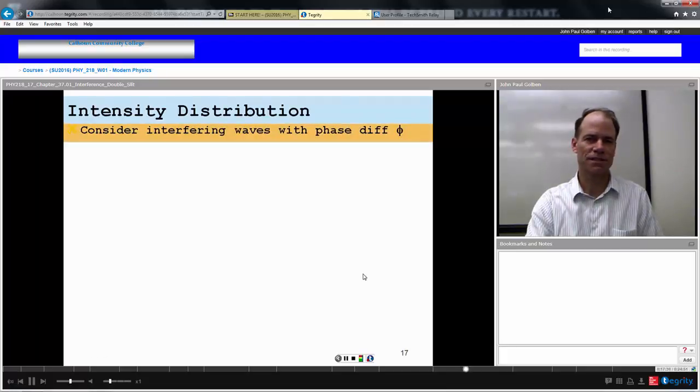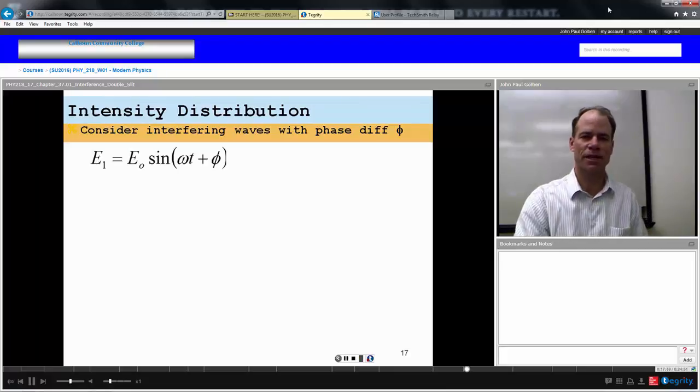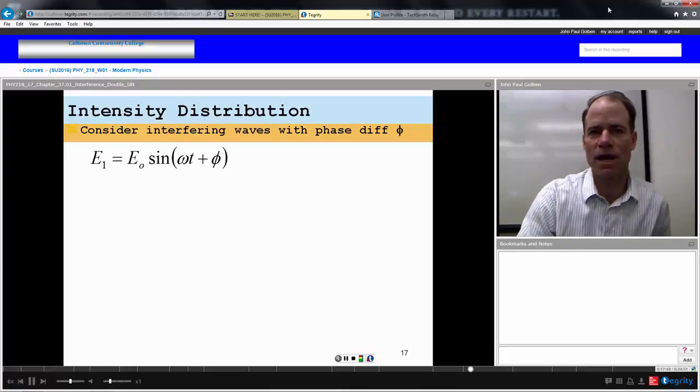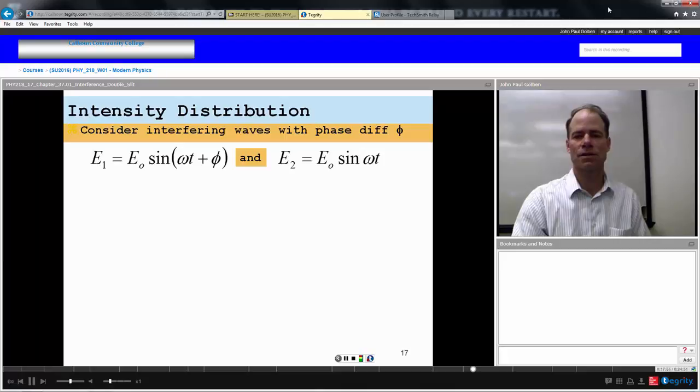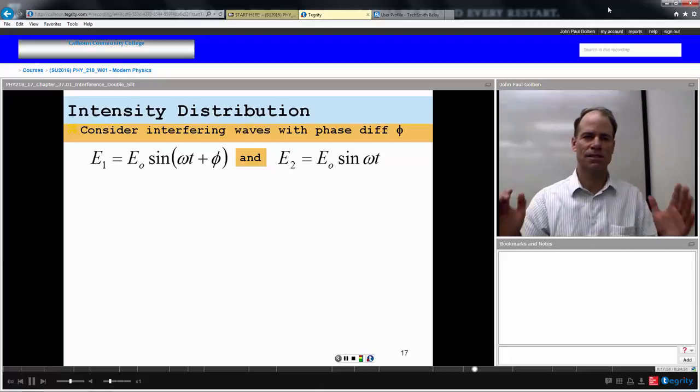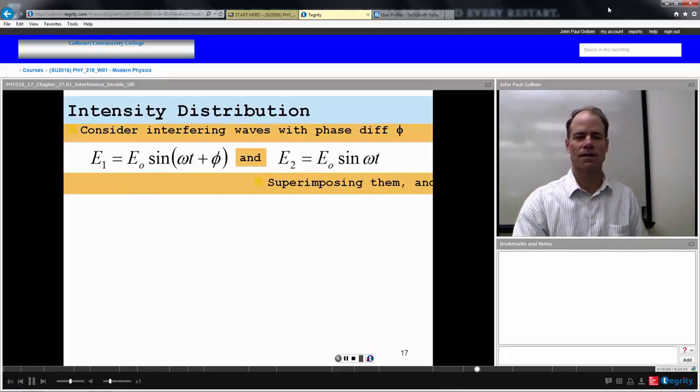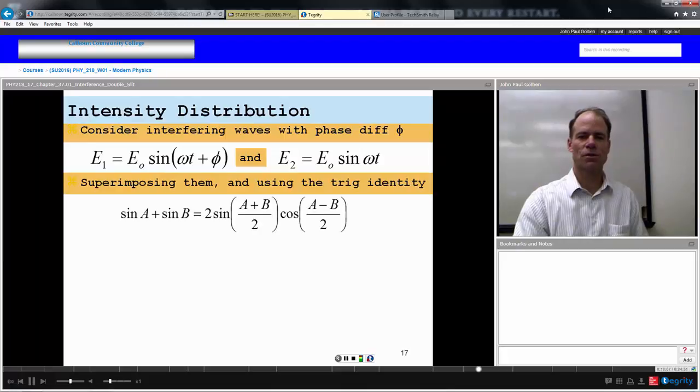We want to plug this into an intensity distribution and see what we get. Considering we have two interfering waves with a phase difference phi. The interfering wave E1 is equal to E naught sine omega t plus phi, and E2 is equal to E naught sine omega t. So exactly the same waves, only with a phase difference equal to phi. We want to superimpose them, and we'll realize that if you add two sine functions, sine A plus sine B, that's equal to 2 sine of (A plus B) divided by 2 times cosine of (A minus B) divided by 2.